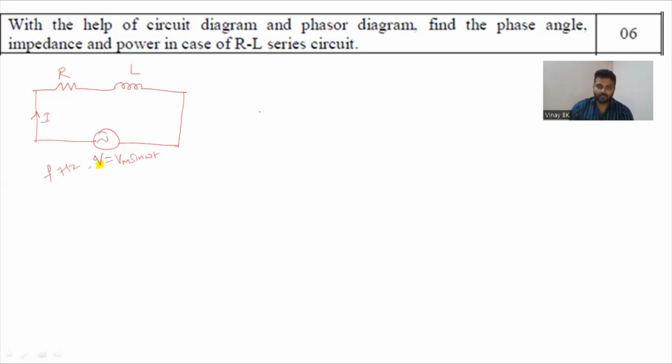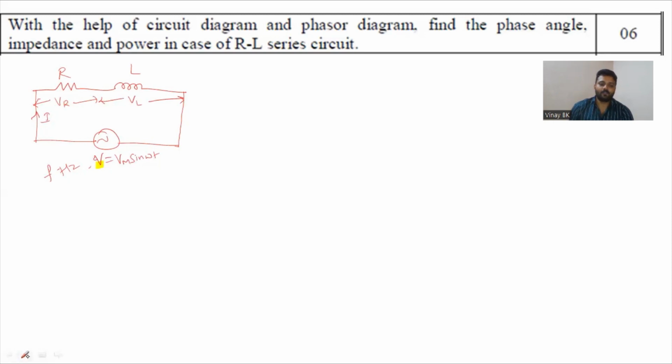Okay, so now the total voltage, whenever the supply current flows through the resistor and inductance, there will be a drop across resistor and a drop across inductor. So the drop across resistor is nothing but VR and the drop across inductor is nothing but VL.